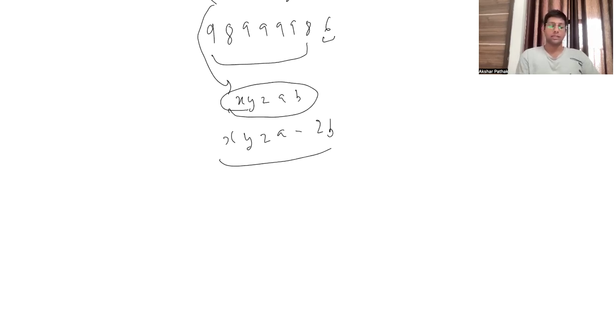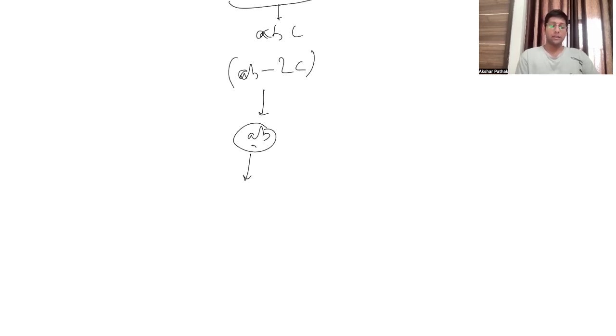And let's say that this number is reduced to ABC. Now, if ABC is divisible by 7, AB minus 2 times C is also divisible by 7. And it's reduced to, let's say, a 2-digit number AB. If this is divisible by 7, then A minus 2 times B is also divisible by 7.